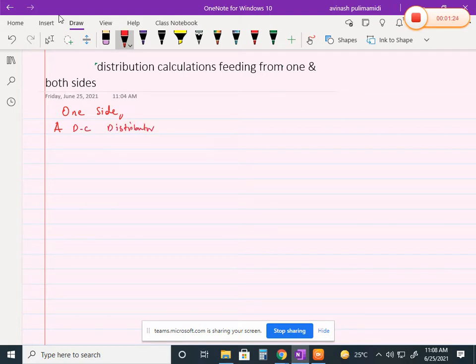DC distributor of 1000 meter long, and is loaded as under.